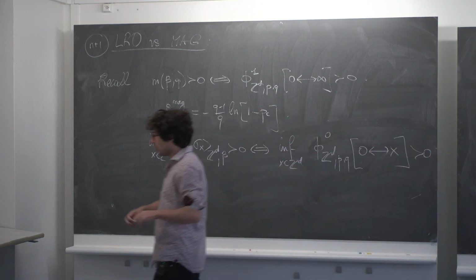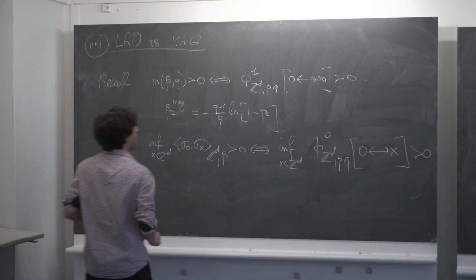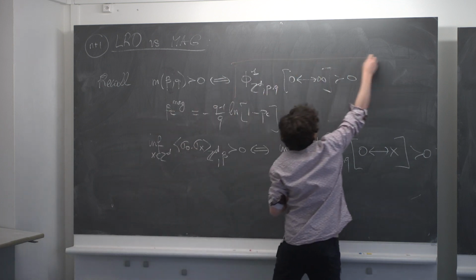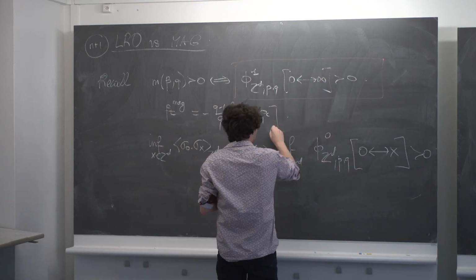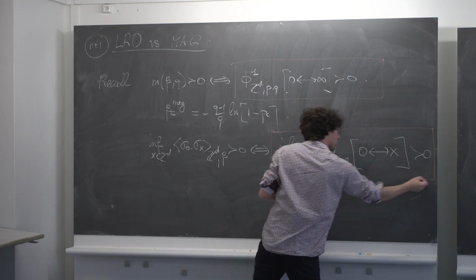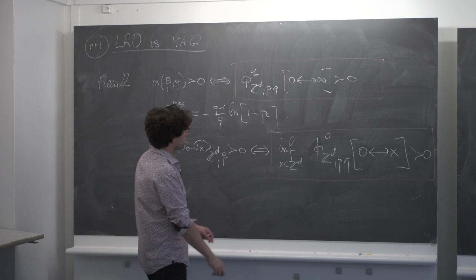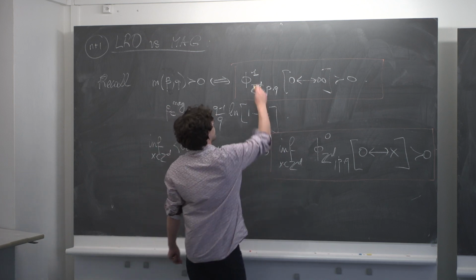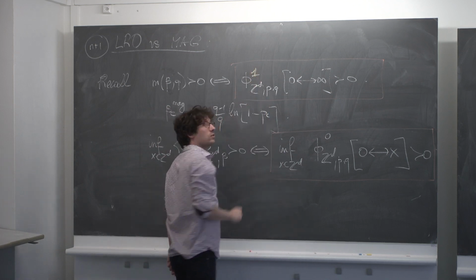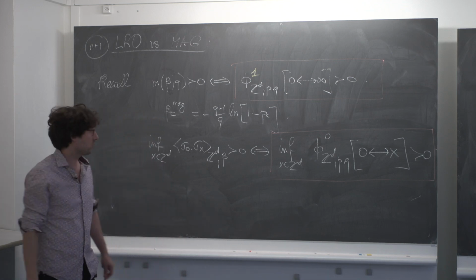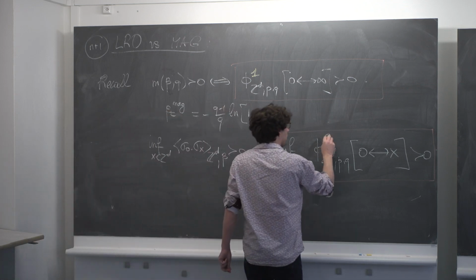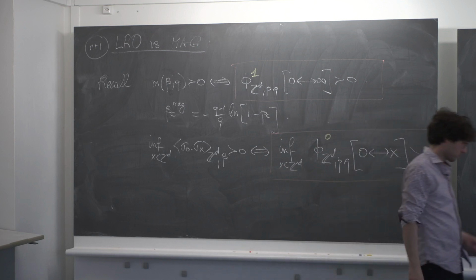So at this point, it's interesting to try to compare this property with this one. So what differs? First observation is that here we are looking at the one boundary condition, while here we are looking at the 0 boundary conditions.